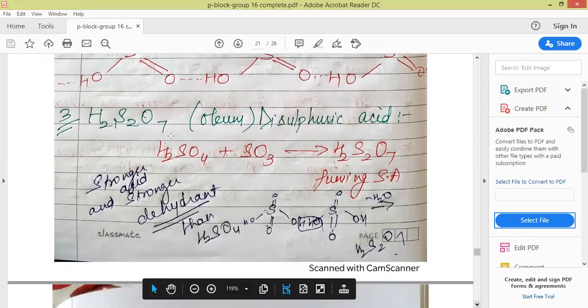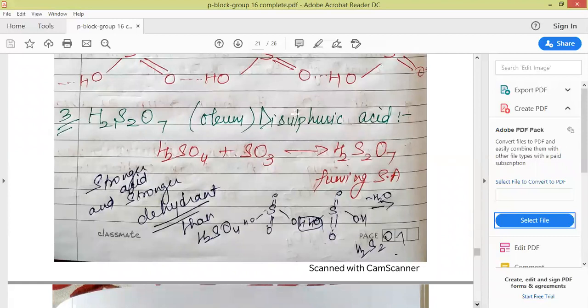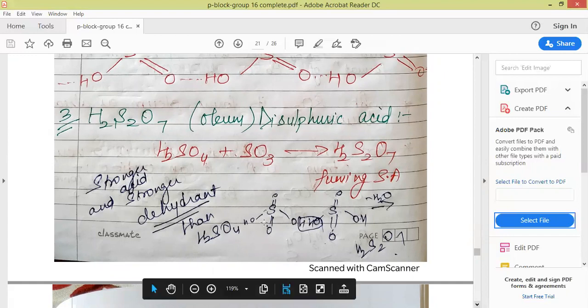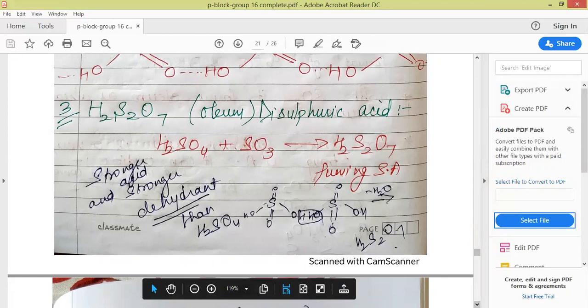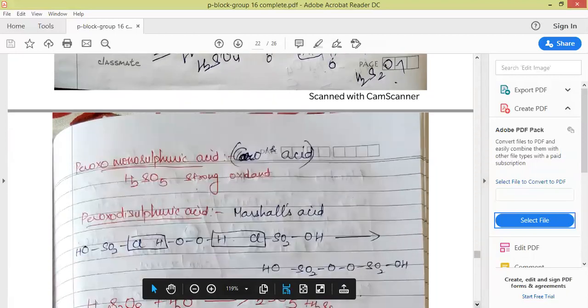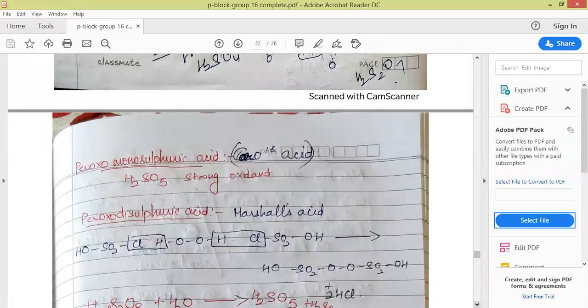Its name is pyrosulfuric acid because the prefix pyro comes when we double the formula and remove a water molecule. Here we have taken two molecules of H2SO4 and removed a water molecule, and we get pyrosulfuric acid, that is H2S2O7.